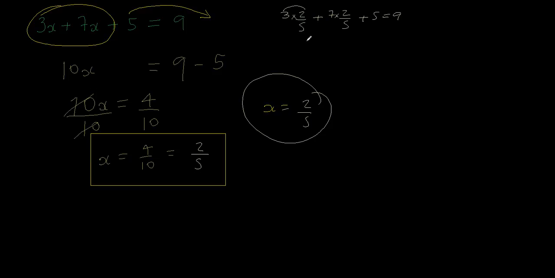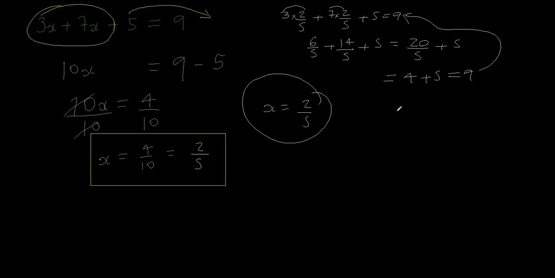Now 3 times 2 is 6, so you get 6 over 5 plus 7 times 2 is 14, 14 over 5 plus 5 will be equal to, now 14 plus 6 is equal to 20, so you get 20 over 5 plus 5, which is equal to, now 20 over 5 is equal to 4, so 4 plus 5 is equal to 9.